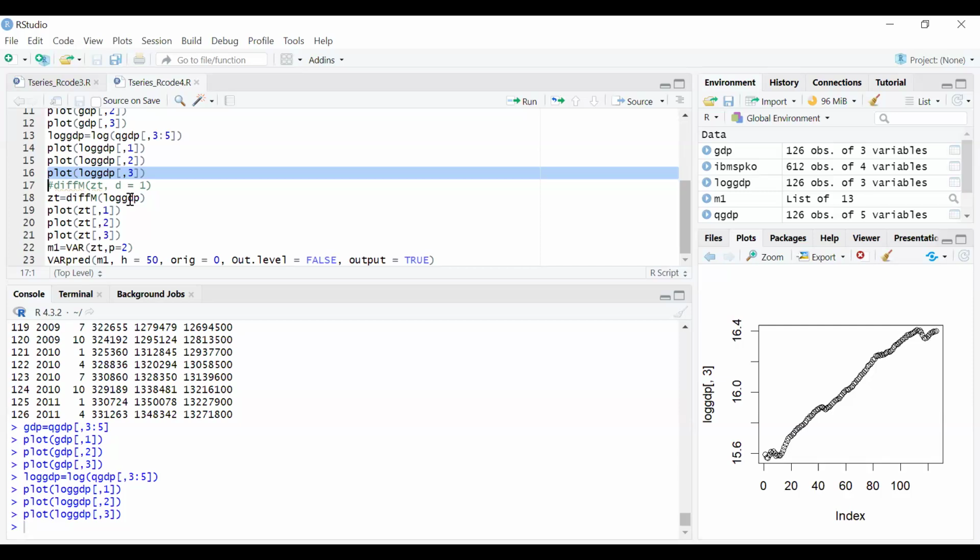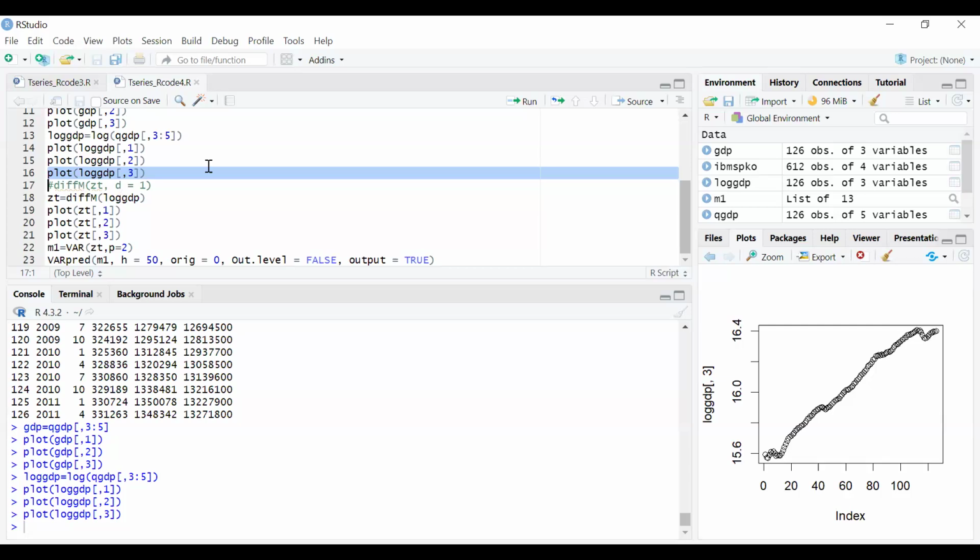Now, as I have mentioned, we don't generally directly use a VAR model for such multivariate time series data. I have stated that first we do differencing to make individual time series behave in such a manner that there is no trend and the autocorrelation function decays geometrically.